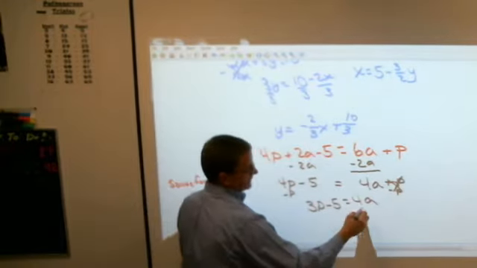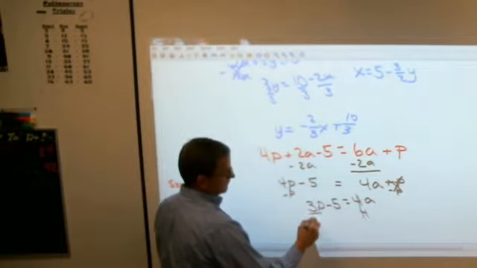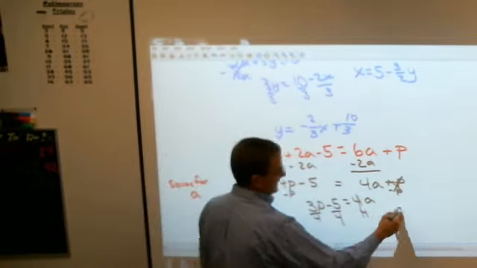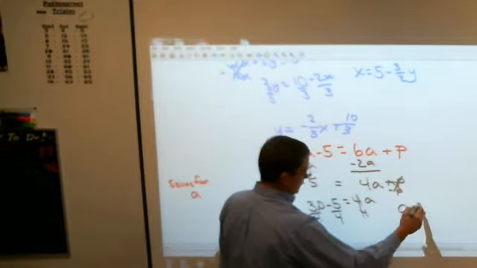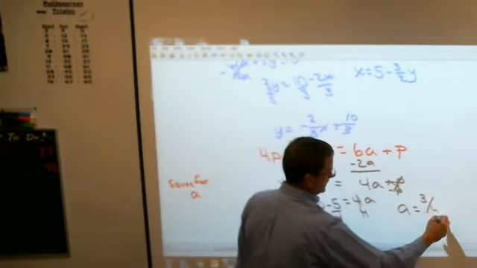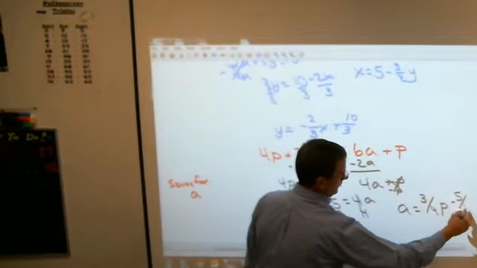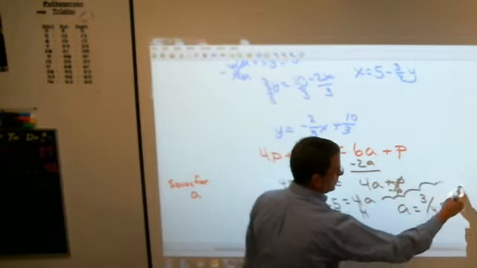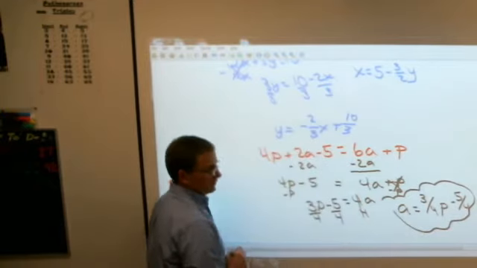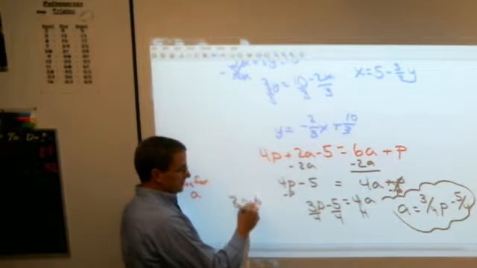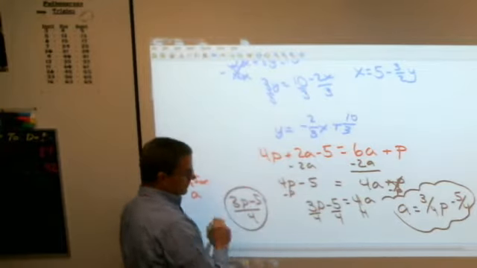And then to get a by itself, divide by 4. So a will equal 3/4 p minus 5/4. You could also write that as a equals 3p minus 5 over 4. This would be the same thing.